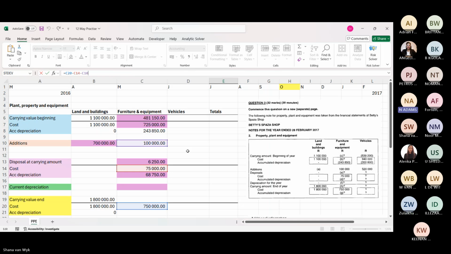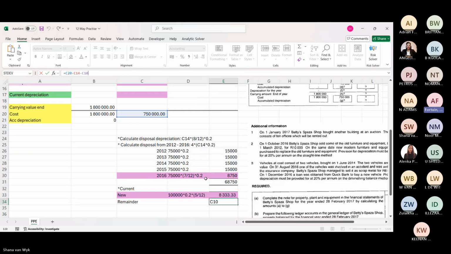Lisa, what's the difference between current and existing? It's the same thing. Existing, or remainder if you want to call it remainder, times 0.2. So that's your one. Now highlight that.